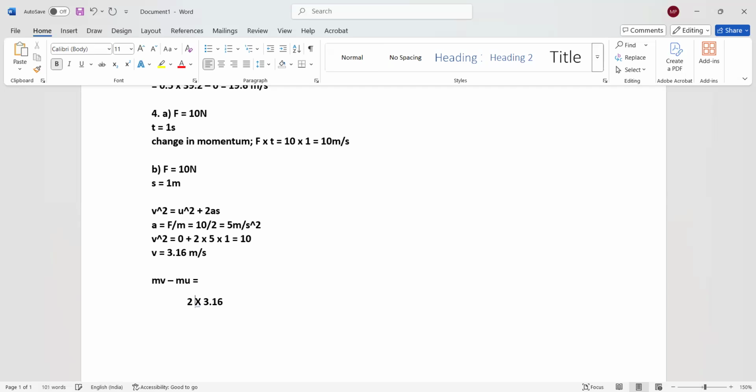So we can say that the larger change in momentum occurs in option A. That is sub question A.